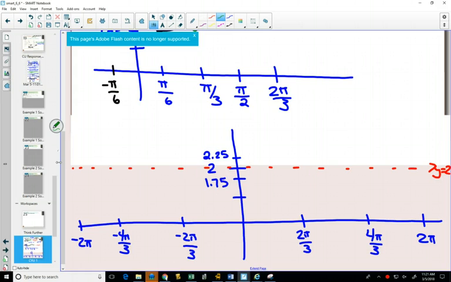I'm going to switch colors here on my x-axis, and above I took that 2 pi over 3 and I split it into 4 equal sections. So I'm going to split this into 4 equal sections, this part into 4 equal sections, this part into 4 equal sections. Same thing on my negative values.